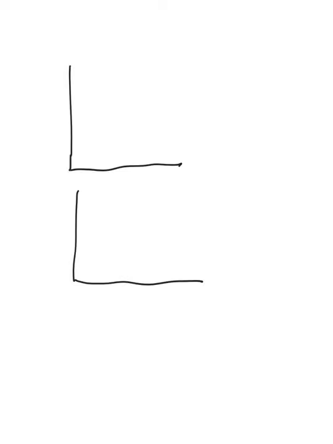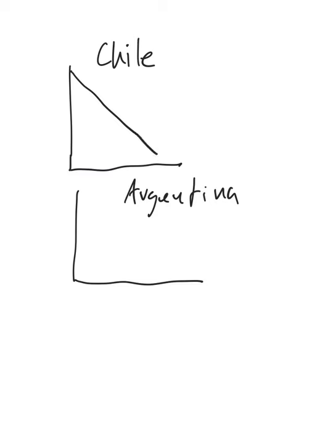So if this is my country Chile, and this was my country Argentina, and if, let's say, Chile had a lot more labor than Argentina, then it's possible that Chile can produce more of either good than Argentina can.